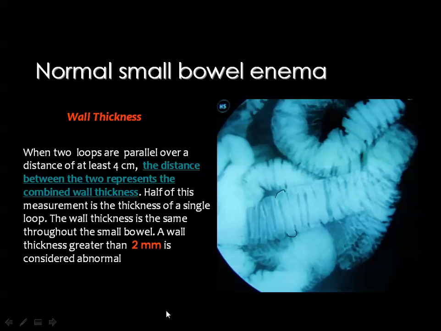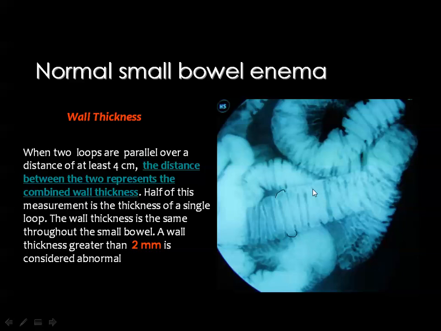The thickness of the wall is usually judged whenever you can see two bowel loops running close to each other, or parallel to each other, for a distance of about 4 centimeter. Then there is a radiolucent line between the two loops.